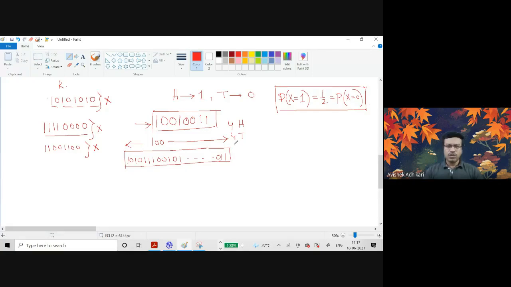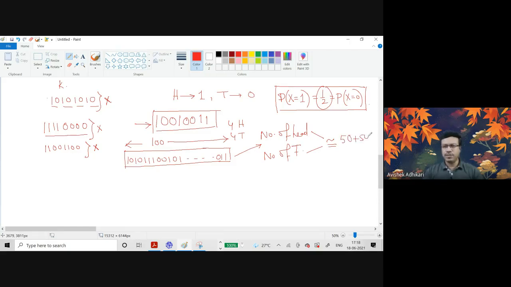Intuitively, if the probability of getting head and tail is exactly half, then if you do 100 coin tosses, the number of heads and tails must be around 50-50, not exactly the same.